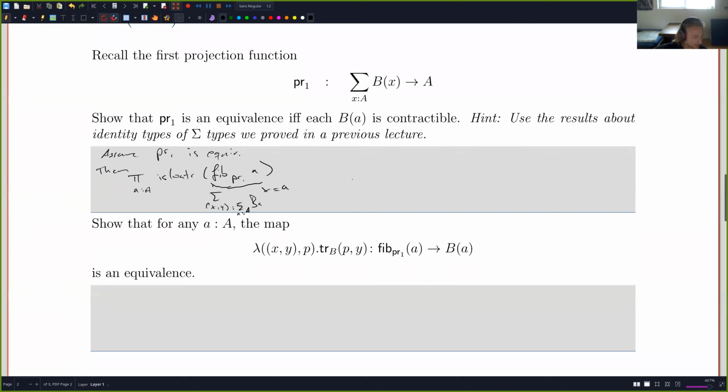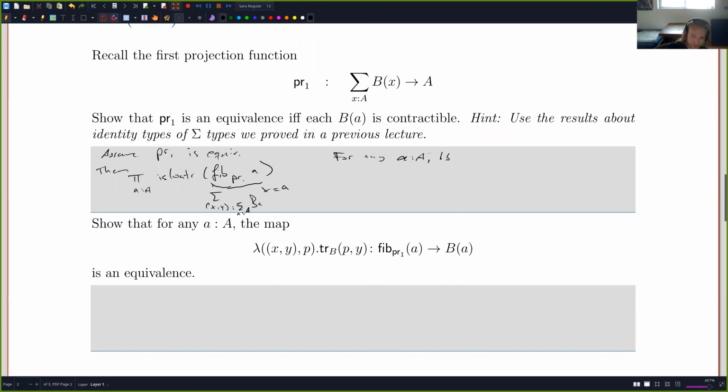Okay, and we want to prove that B of a is contractible. So let's first observe that for any a in A, yeah, so we always prove this for a specific a. This will be the same a throughout the exercise, or at least in this direction.